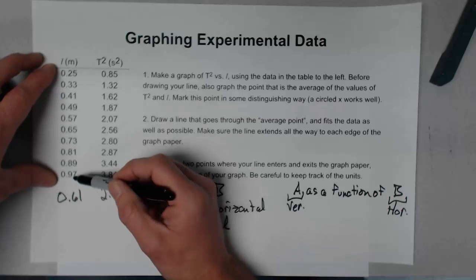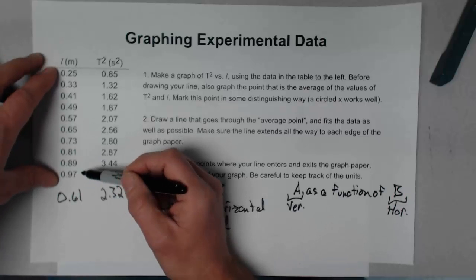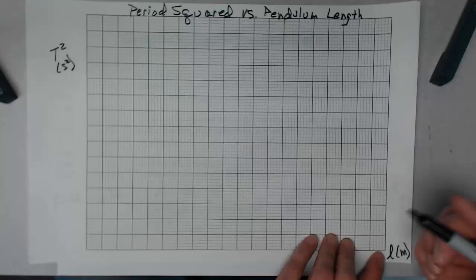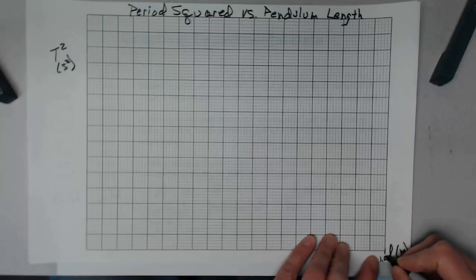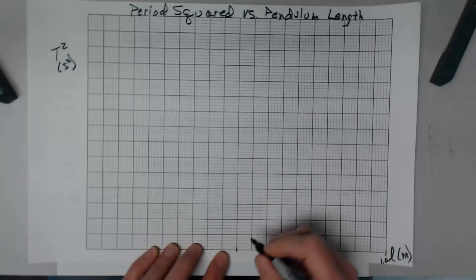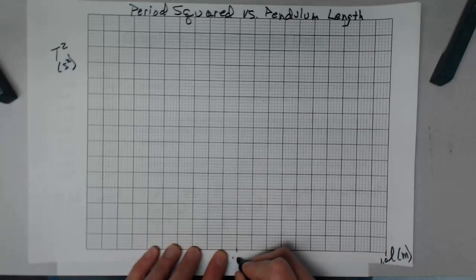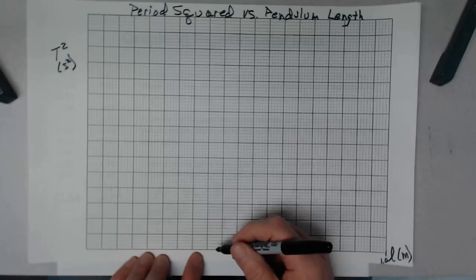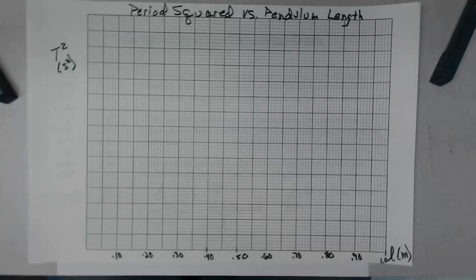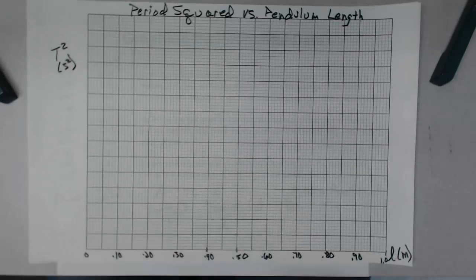So each 2 divisions will equal 0.1 on my horizontal scale. And what that means is this will be 1.0 over here. Halfway down there, 10 divisions will equal 0.50, and every 2 divisions on here will equal 0.10. So there's my horizontal scale. By the way, 0 is down here on this one.